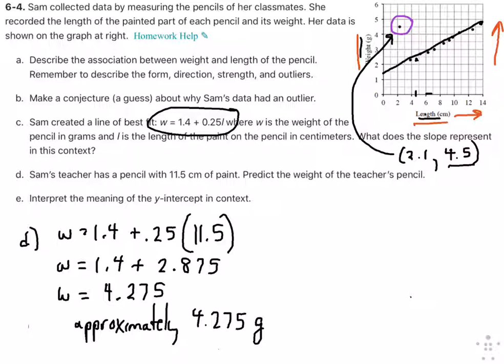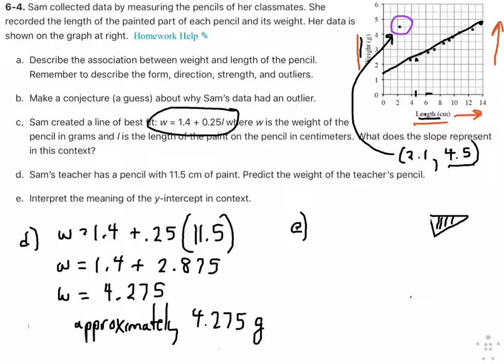Okay, then E says, interpret the meaning of the y-intercept in context. Remember we talked about this. Here's the pencil, here's the shaved part. This does not have paint. So the y-intercept is when the length is 0, which means that none of the painted part is there. So we only have this little tip.